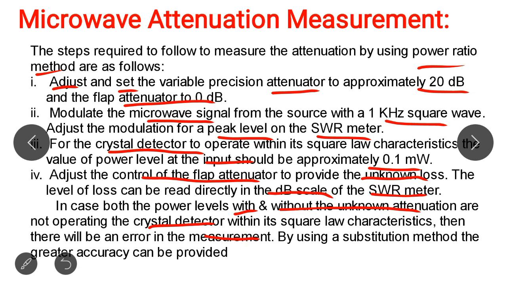By using a substitution method, greater accuracy can be provided. So this is the drawback of this method: the crystal detector must be operated in a square law characteristic to measure an attenuation.